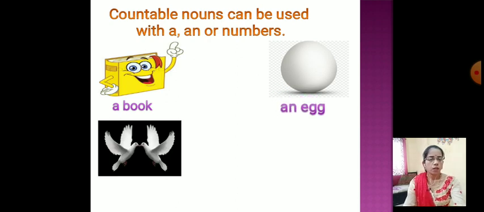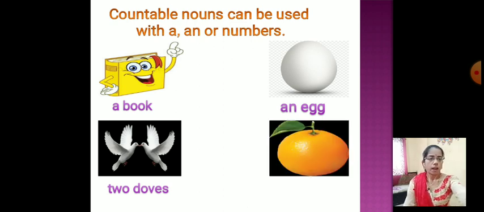Now next, 2 doves. Here a number is given. Which number is showing here? 2. And 1 orange. Also here the number is showing, the orange is only 1. It means countable nouns can be used with a, an or any numbers.